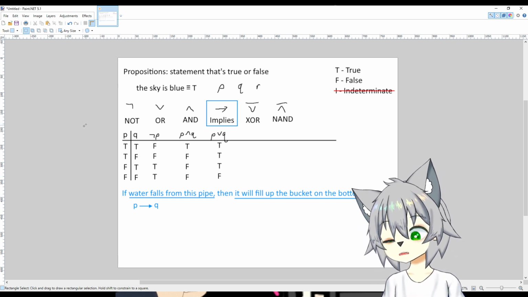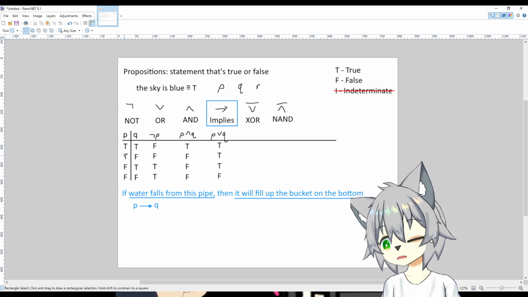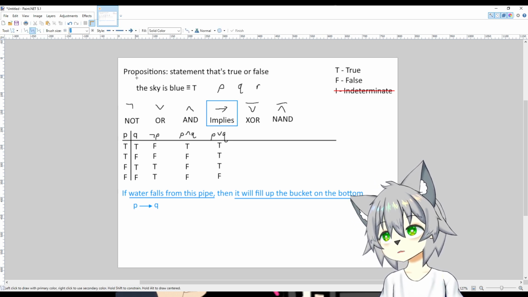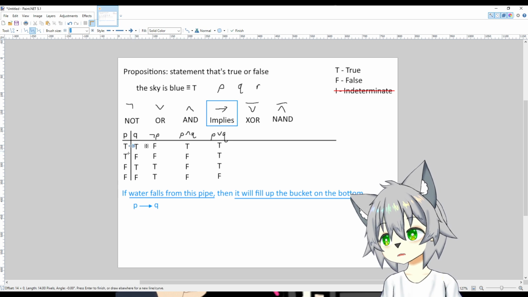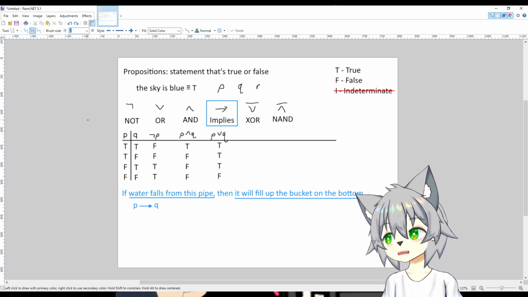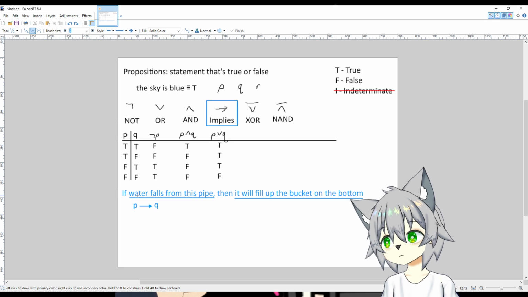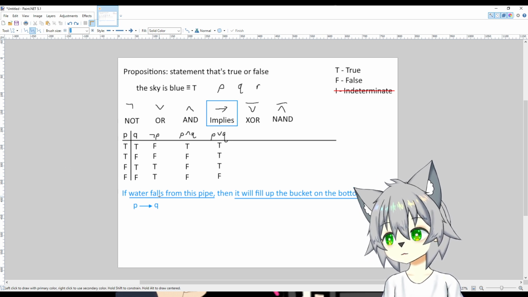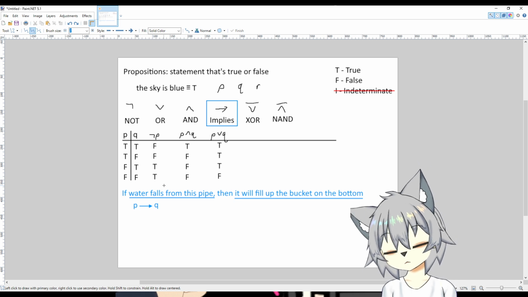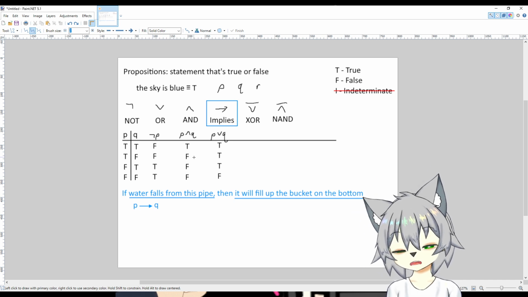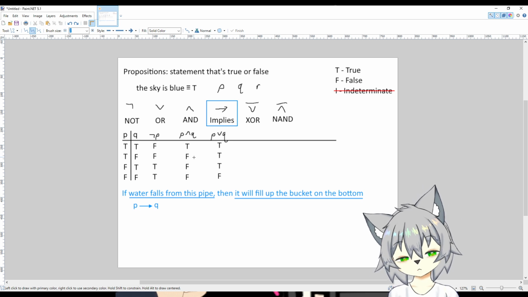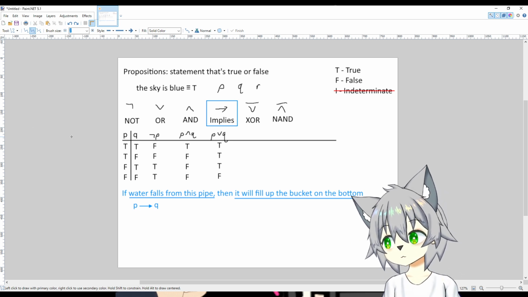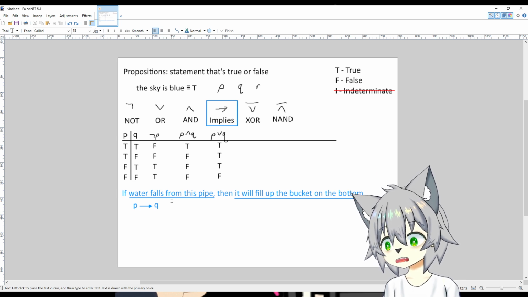And so the thing is that it basically is this happening. If it's true, then it implies true, or rather, it should imply true, but basically, if water falls from this pipe, let's express in natural language first, to make it more understandable. If water falls from a pipe, this is true.